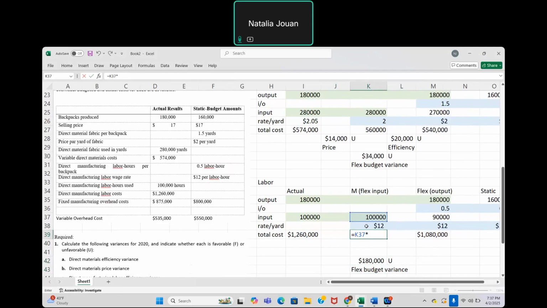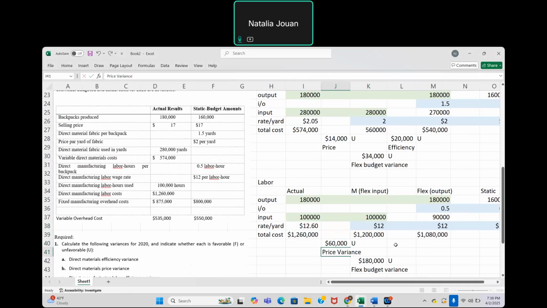100,000 times 12, 1,200,000. Another unfavorable variance with pricing. How much did we actually pay our workers? Let's see. Looks like $12.60 instead of $12. So we paid a little more. So we have an unfavorable variance. This is the price variance.